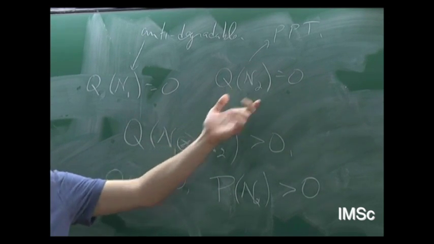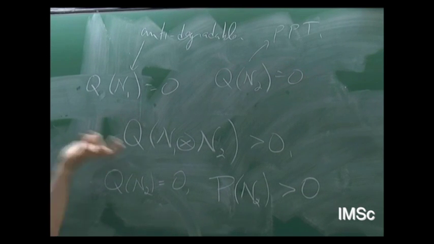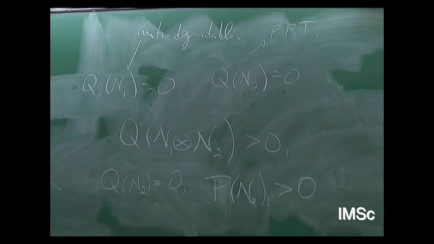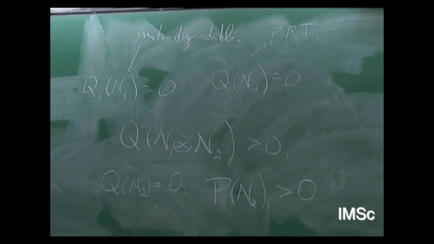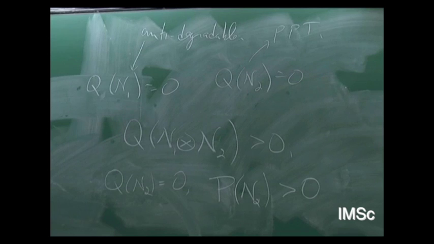If I take two PPT channels and tensor them together, that's still PPT, so it has zero quantum capacity. But if I take one of each, there's no reason for it to have zero quantum capacity, and indeed, it can have positive one. So that's a non-trivial fact that I'm just mentioning. I'm not showing you the examples, but I want to give you a feel for what properties these channels have to give that.